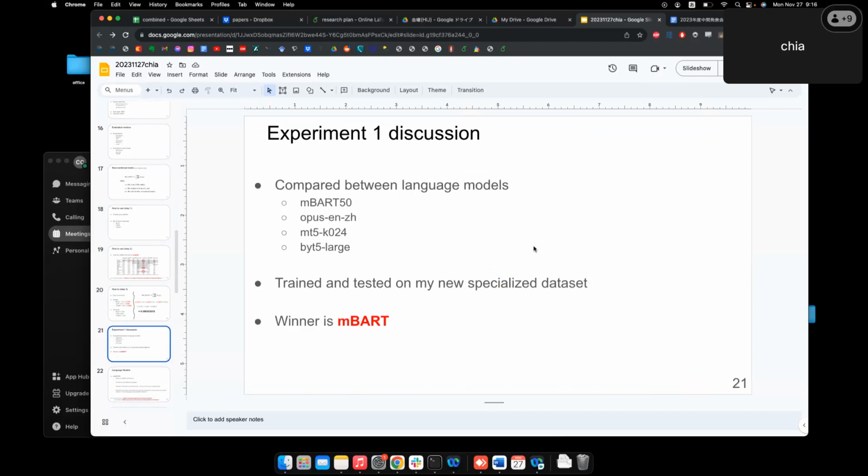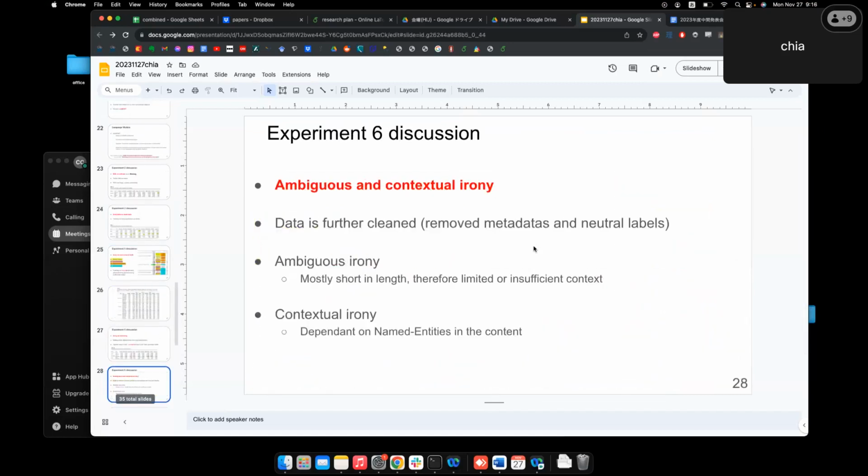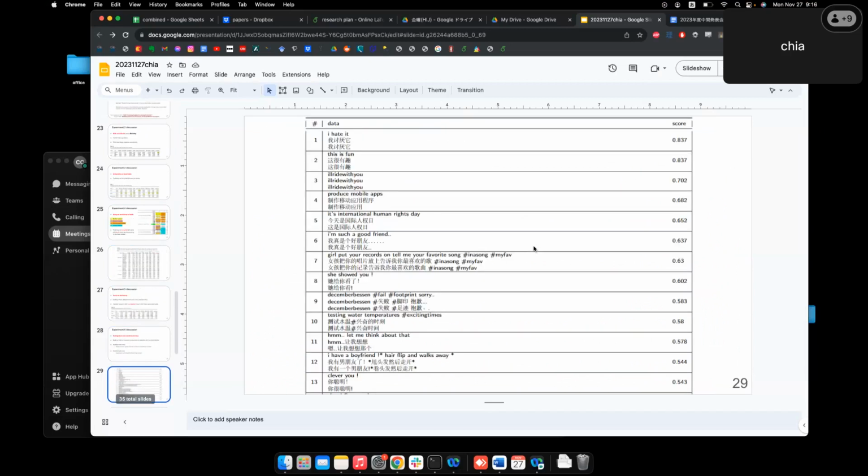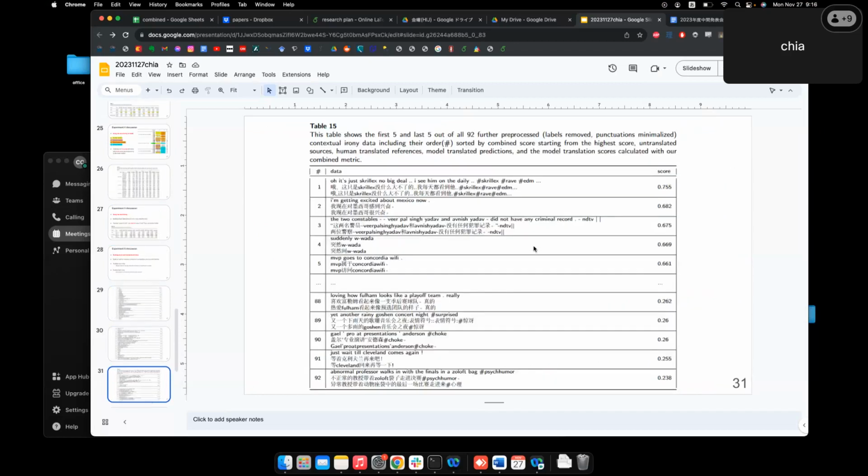Slide 28. You show the result of experiment 6, so maybe the next page, the table, includes the test result. Could you tell me which one is something to check? This one.